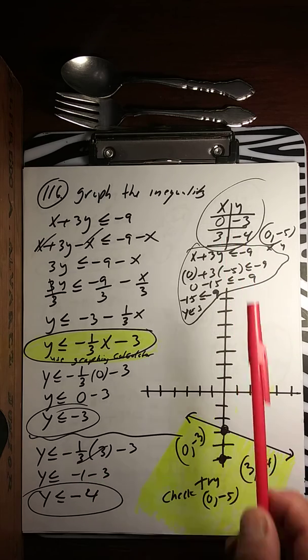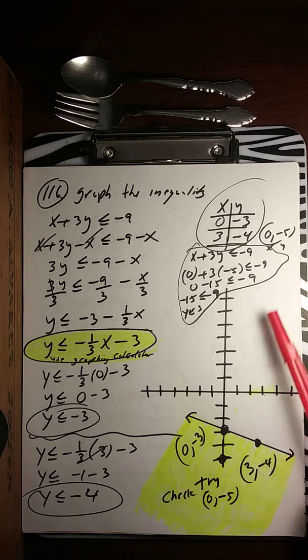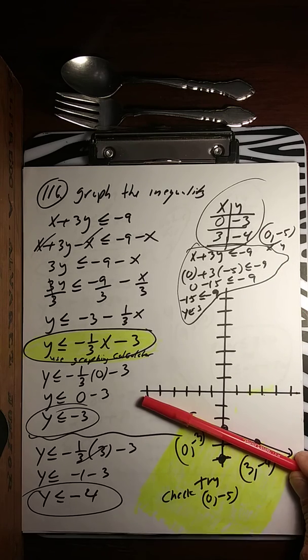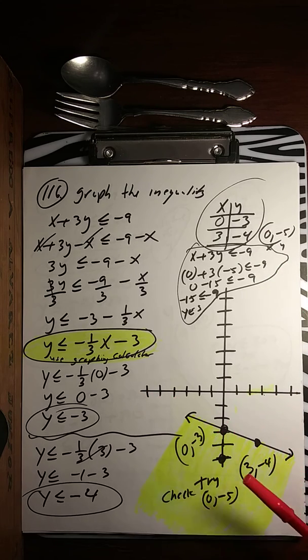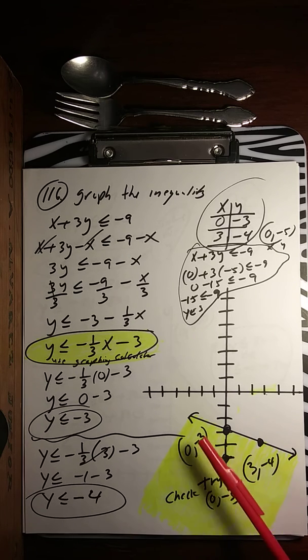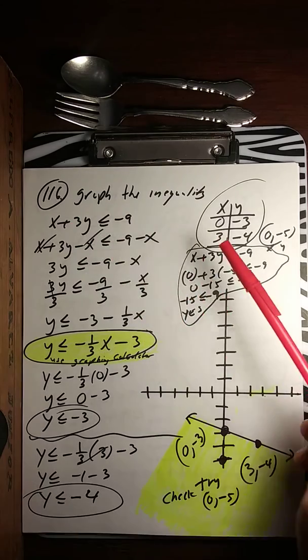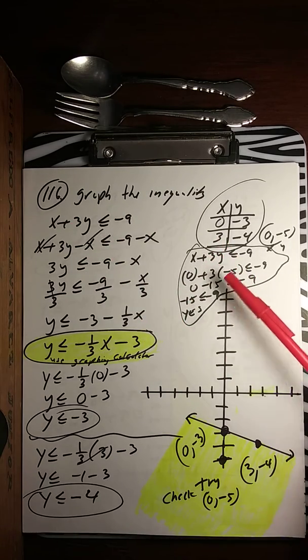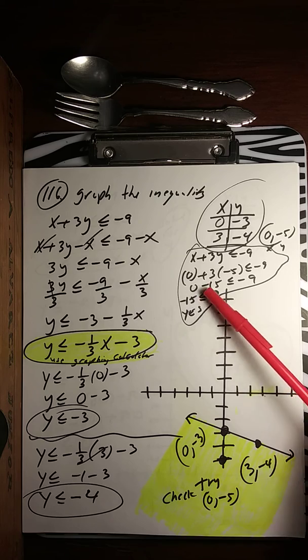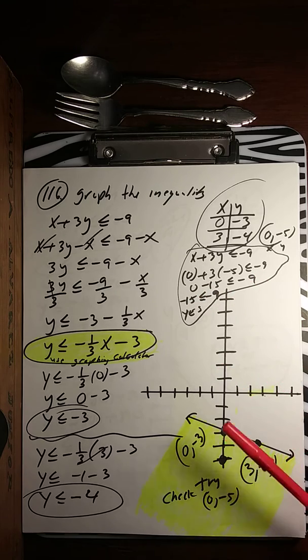So we have 2 points, 0 and negative 3, and 3 and negative 4. So now, how do you know which one works? Let's try this number here, 0 and negative 5. It isn't here, it's down there. Put it in the original problem. So 0 plus 3 times that, 0 minus 15, negative 15, is that less than or equal to negative 9? Yes. So that means this graph goes this way.